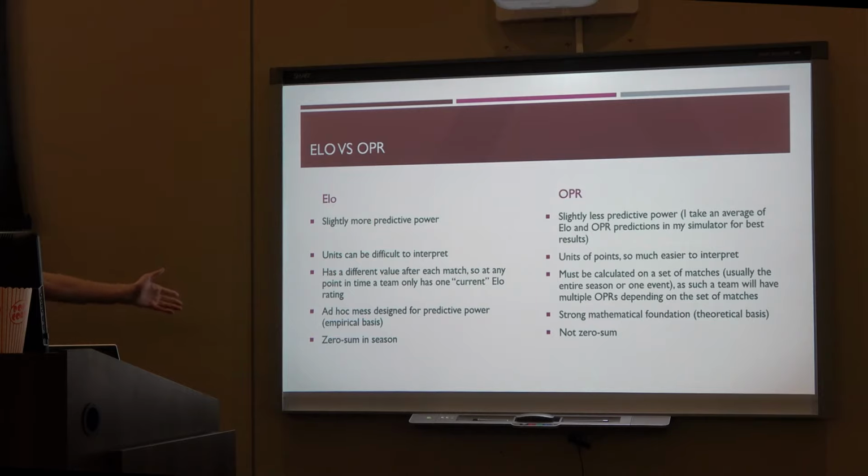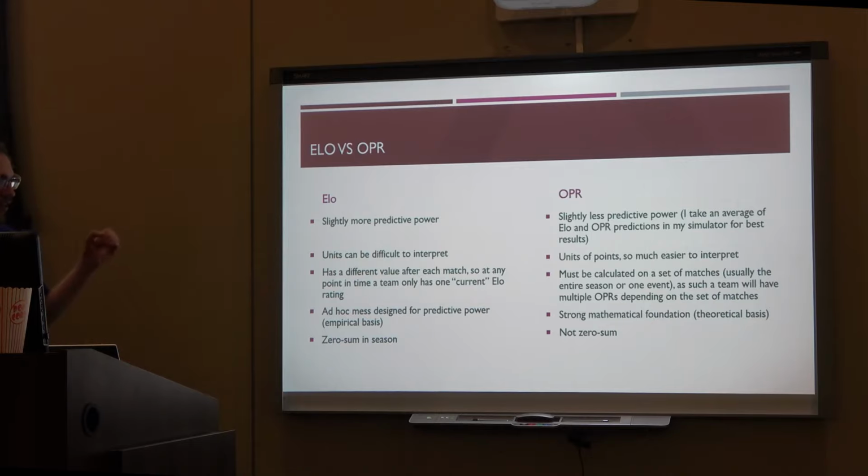Fundamentally, Elo is an ad hoc mess designed for predictive power. It has an empirical basis. It's based on everything I could find to pull in to make it have the best predictions possible. But I can't really tell you exactly why values have the values they have. That's just how it is, because that's what I found when experimenting.